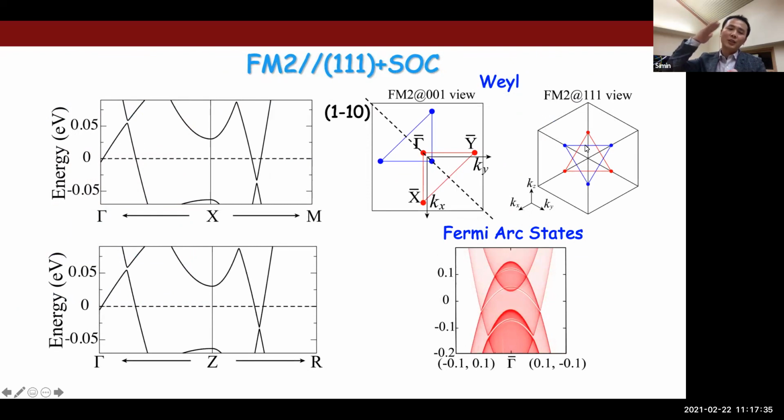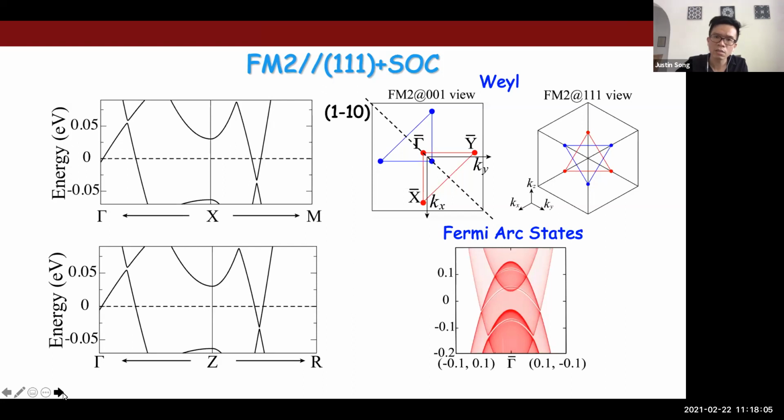If you use a slice to cut your Brillouin zone, then it should pass 3 Weyl points with the same chirality. Once the plane passes 3 Weyl points, then the number is 3. After it passes the other 3 Weyl points with the opposite chirality, the number will become 0. I see. This is why we have 3 in the same view. I see. That sounds all right.